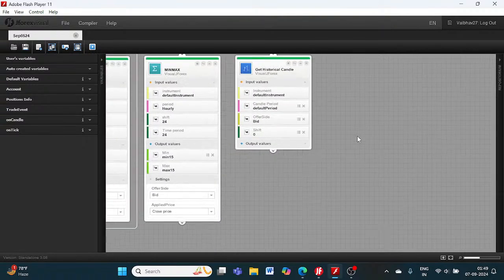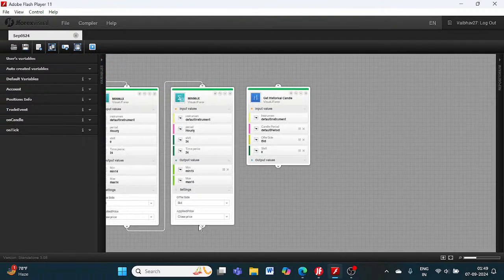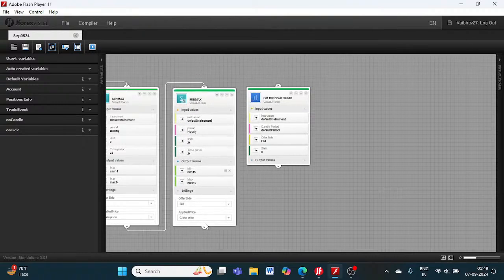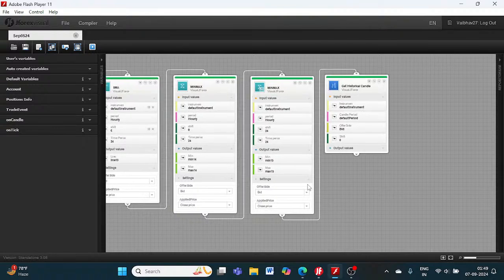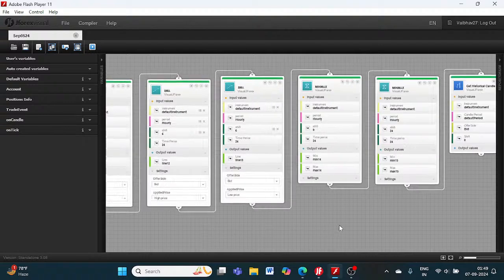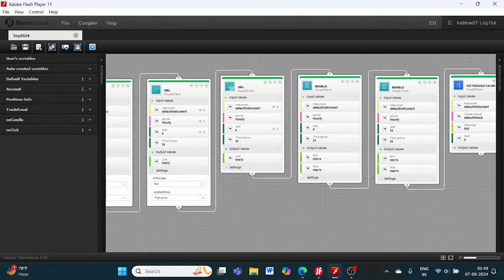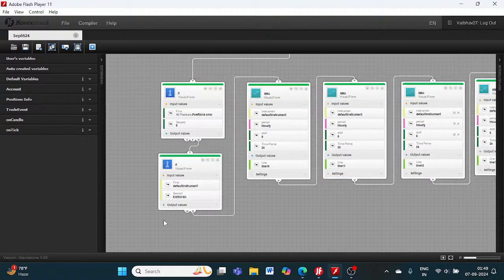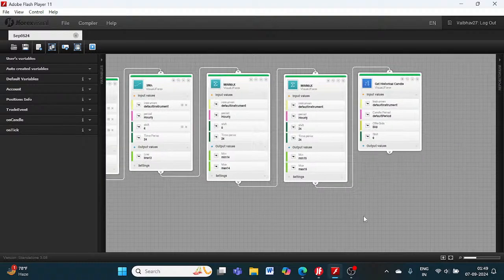Here is the get historical candle. All right.